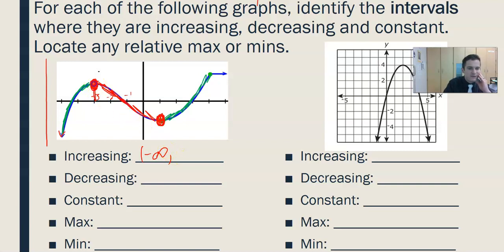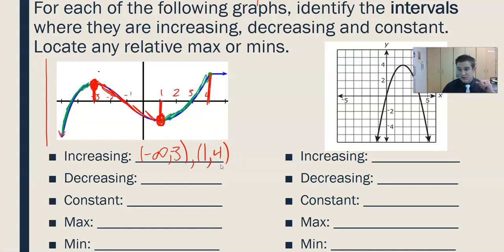So this function is increasing from negative infinity all the way up to negative 3, sorry. But that's not all. It's also increasing from here to here. See this part right here? So from 1 all the way to 4, this function is also increasing. So I'm going to write from 1 to 4. I have two different intervals where this function is increasing.